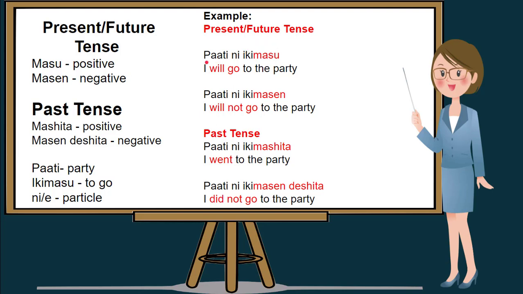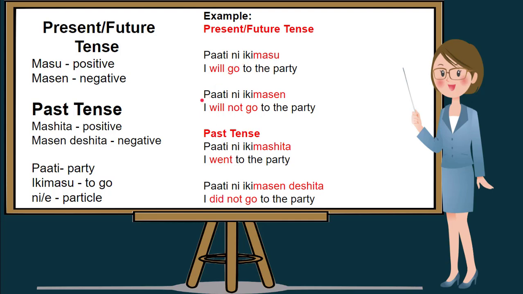For sentence number 1, paati ni ikimasu, meaning in English, I will go to the party. In this sentence, we use ikimasu, which means will go. And this sentence is a positive future tense. Now, we will try to make a negative present or future tense.